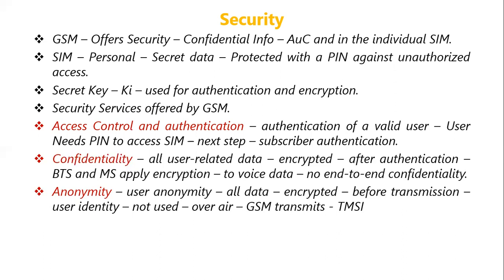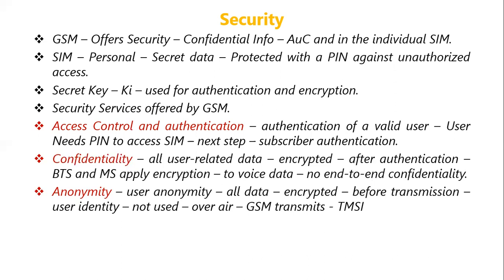The user identity will be hidden. That will not be passed through the air interface. Instead, a temporary number will be used. That number is called TMSI, temporary mobile subscriber identity, which we have already discussed. Providing that service is called anonymity.